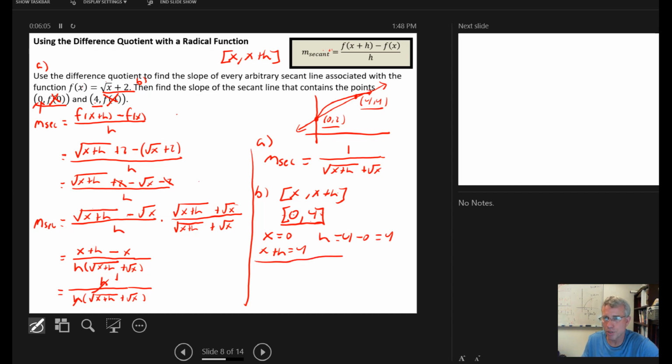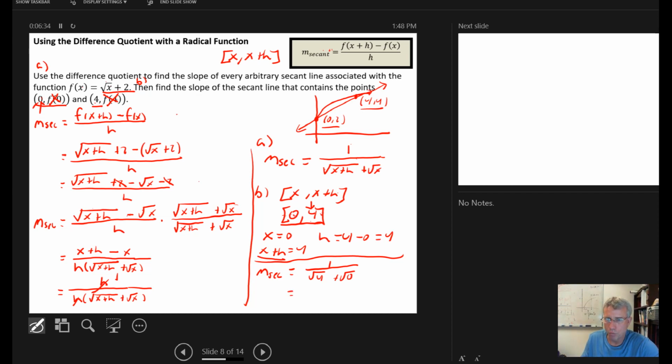And then those numbers can be plugged into the result that we got from part A. So the slope of the secant line through these 2 points is just going to be 1 over the square root of x plus h, but x plus h is just the second number, 4, plus the square root of x right here, but x is just the first number, 0, coming from here.